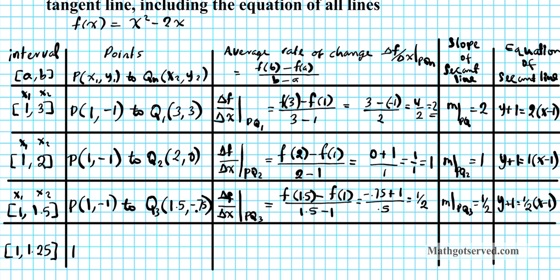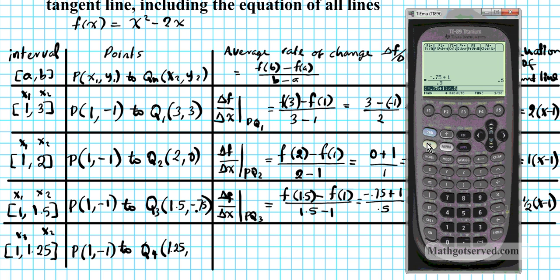P is always the same, (1, -1), and another point on the line, Q4, gives our new secant line, with a b value of 1.25. What is the y coordinate of Q4, or f of b? That's what you get when you plug 1.25 into the original function.